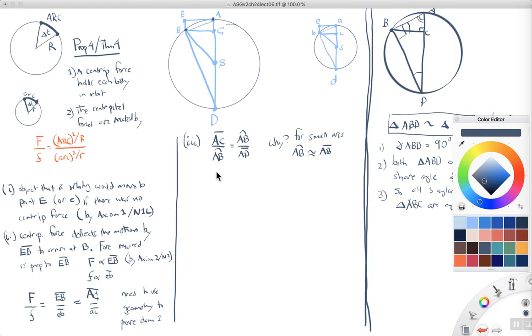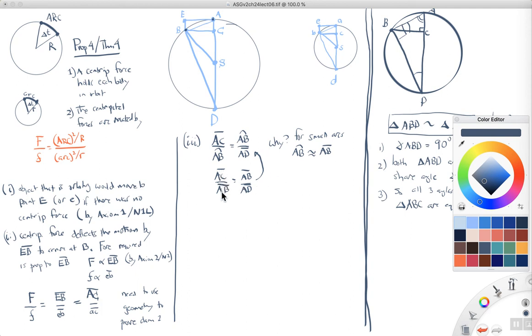So what we're going to do essentially is say that if we can show that AC is to AB line segment as AB, that line segment, is to AD, then we will get this right here as long as this is a very small arc. So we're considering very small time intervals, put it that way.